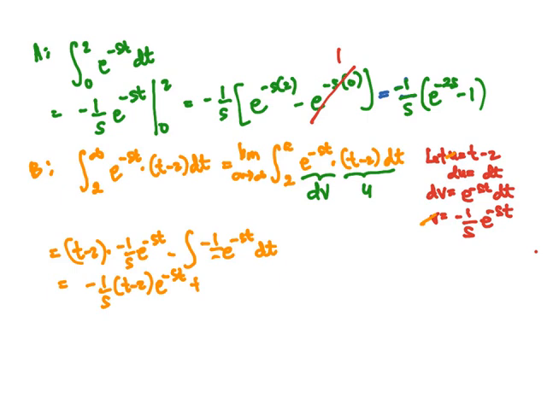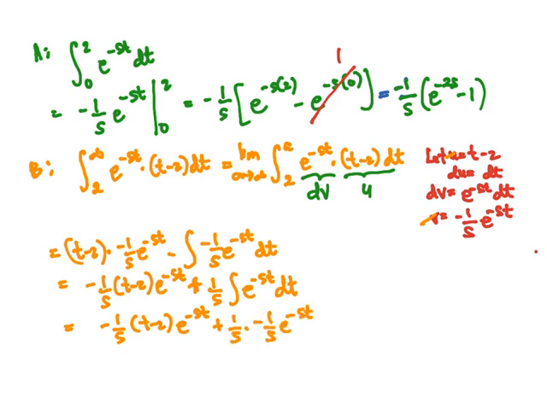So, you'll have plus 1 over s integral of e to the negative st dt, which is equal to negative 1 over s times t minus 2 e to the negative st plus 1 over s times negative 1 over s e to the negative st, the integral of e to the negative st. We can simplify this further by factoring out a common factor, because this one would be negative 1 times t minus 2 e to the negative st minus 1 over s squared e to the negative st.